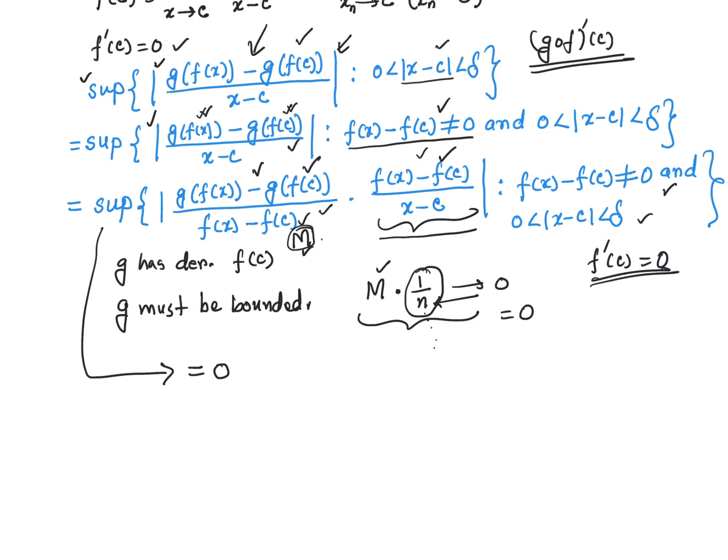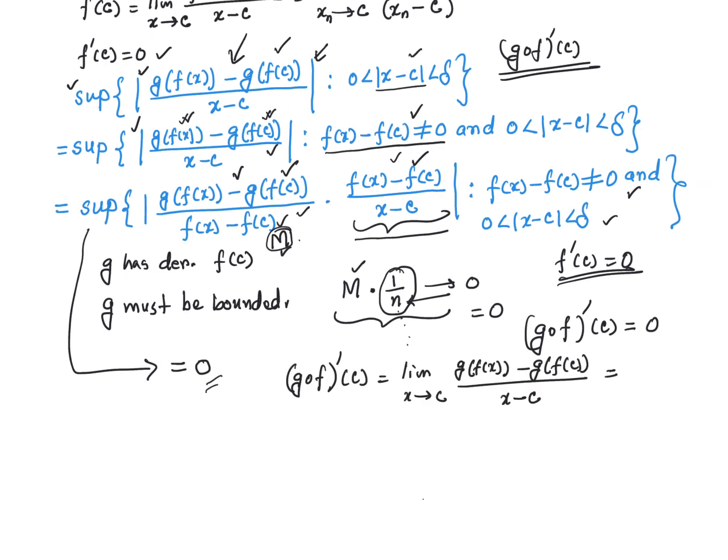So that ratio has supremum, or extreme high value, to be 0, which in essence says that g composed with f prime of c must be equal to 0. Using the definition that we have written above, I have written it down here again, that should give me 0. So the derivative of the composition of g and f evaluated at c is equal to 0.